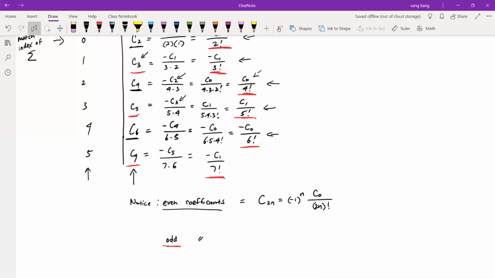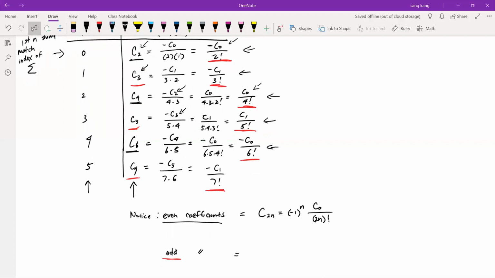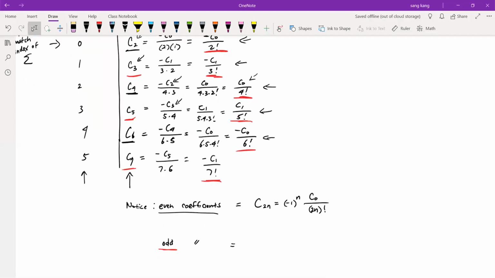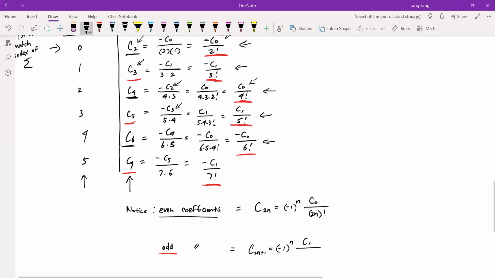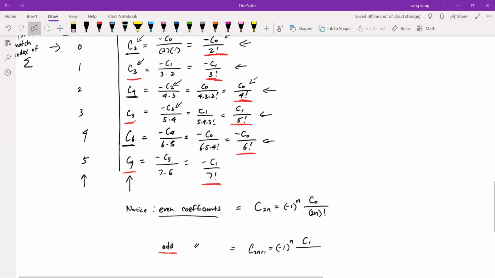And for odd coefficients, we have everything in terms of C1 now, and also the signs alternate. So in order to make this odd, we can do 2n plus 1, minus 1 to the n to alternate, then C1 over, so now we have odd numbers incrementing the factorials, right? 3, 5, 7.